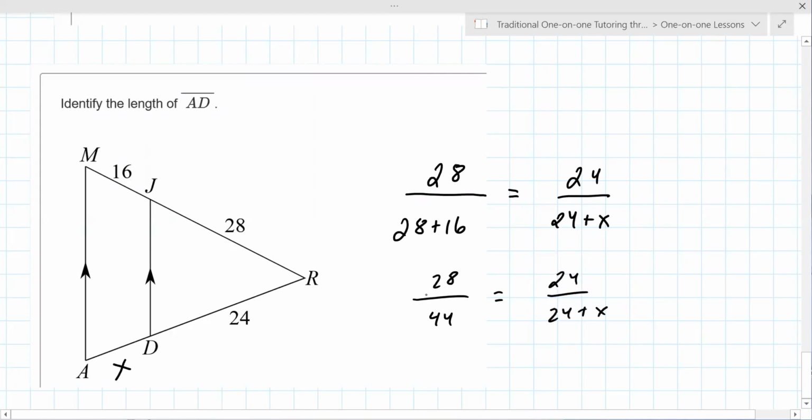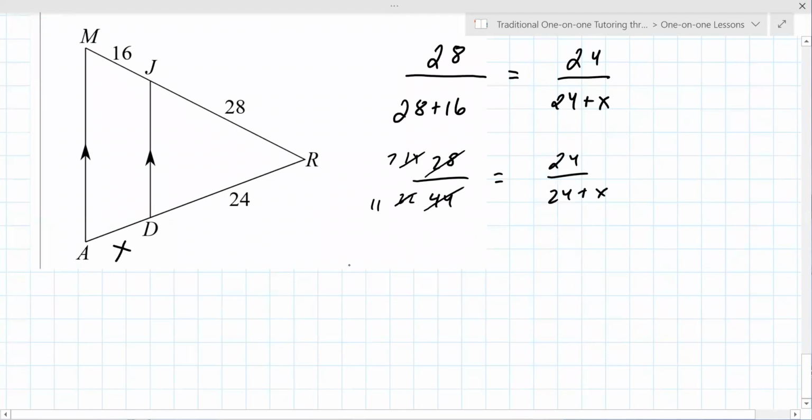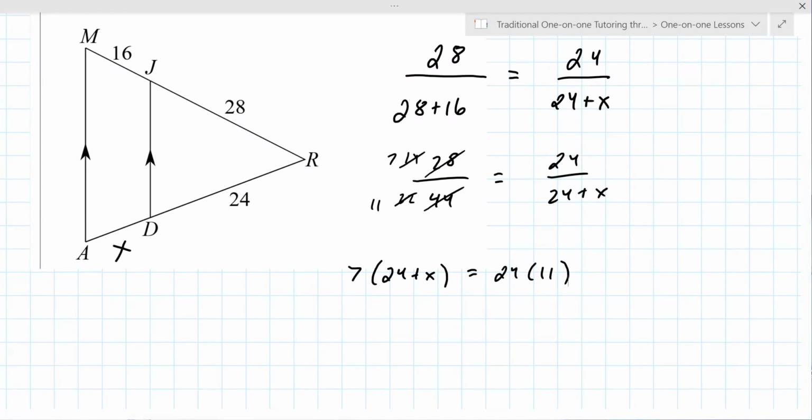So you can divide both of these by 2. That's 14 over 22, 7 over 11. Do you see that? Yeah. Okay, now unfortunately I got some big numbers here, but you can still do this. It's 7 times 24 plus x equals 24 times 11. So can you try solving it from here, please? Yes.